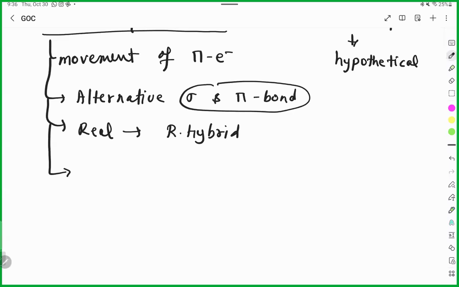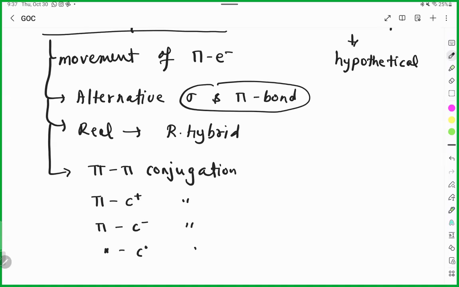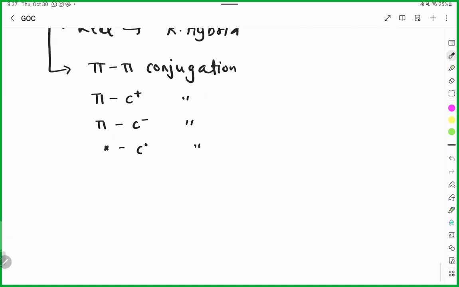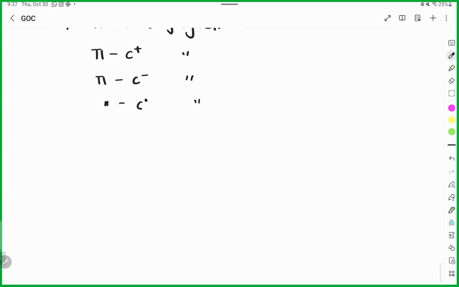There could also be pi bond conjugation, or pi bond and carbocation conjugation, pi bond and carbanion conjugation, pi bond and free radical conjugation. Remember this. Everything is possible: pi bond, pi bond with carbocation, carbanion, or free radical. All of that will show this resonating effect.